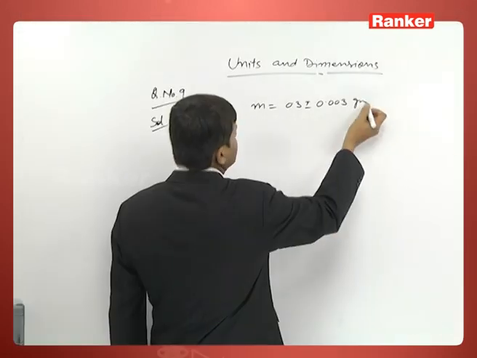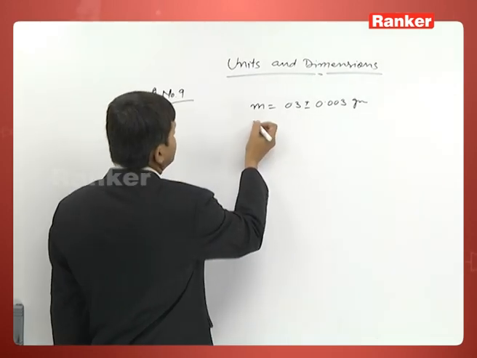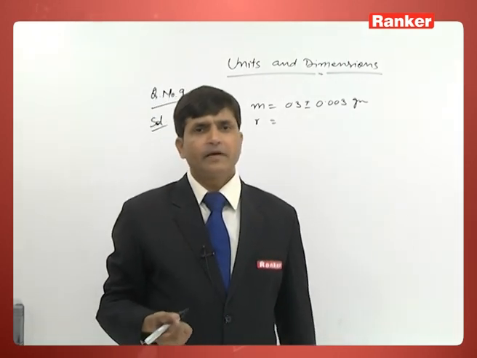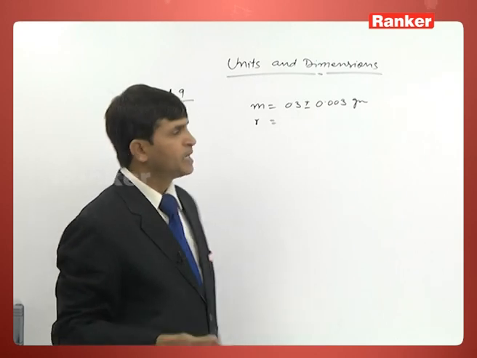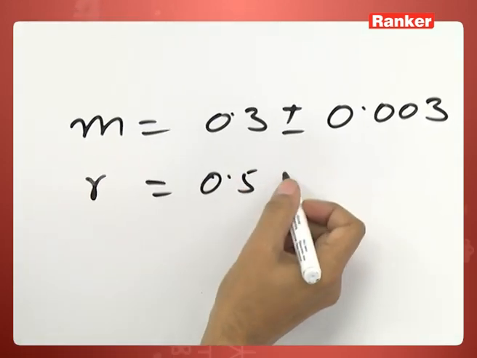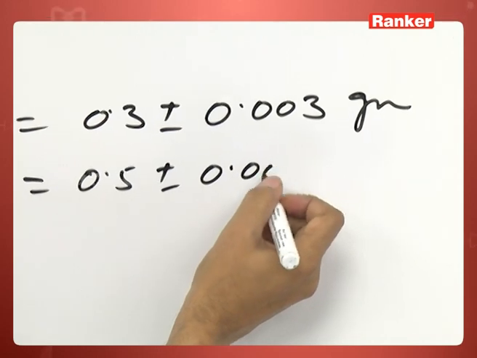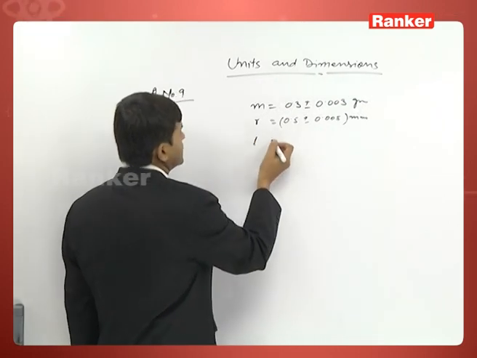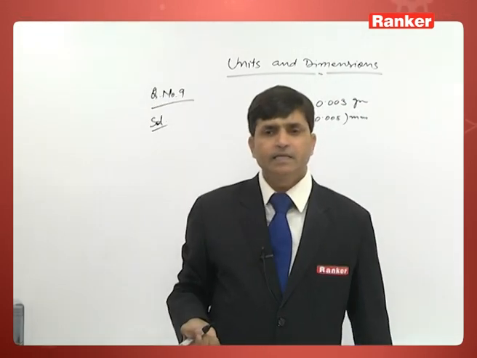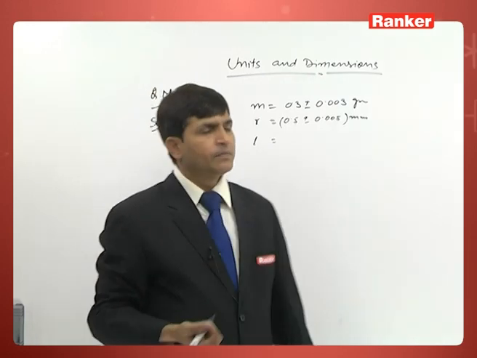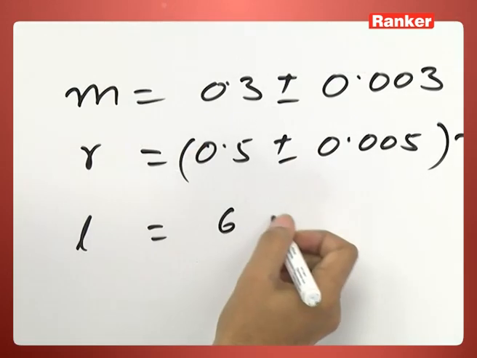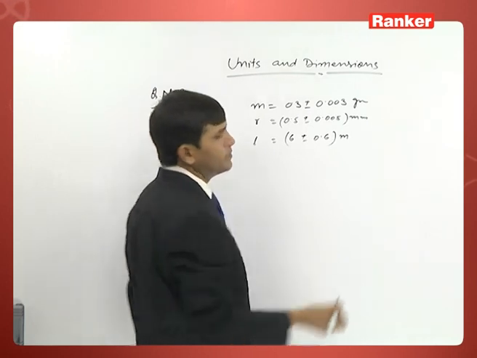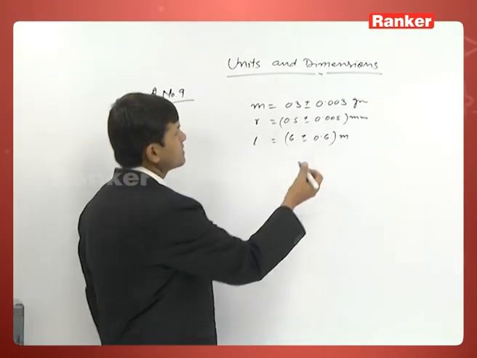Radius r is 0.5 plus minus 0.005 millimeter. Length is 6 plus minus 0.06 meter.